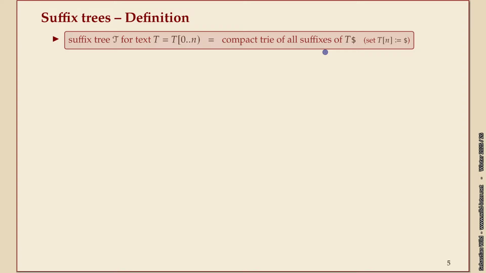So you take the text, every possible starting position, and you read from there on till the end. Here and for all of this chapter, we'll always assume the end of the text is marked with this end of string symbol $ that doesn't occur anywhere before. And so we start with a text that has n characters, 0 up to n-1, and then the nth position is set to this $ symbol.